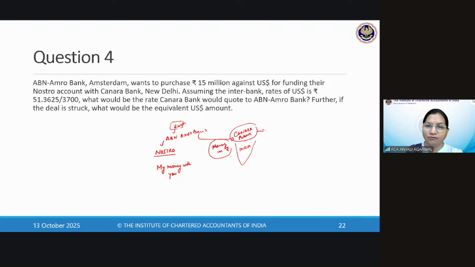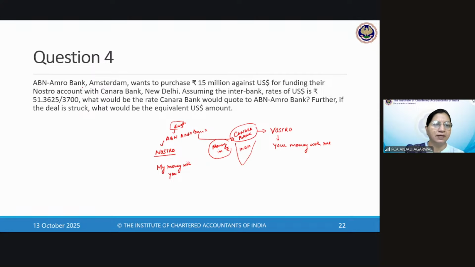The same account for Canara Bank is Vostro account. Vostro says your money with us. So for ABN Bank, this is a Nostro account.